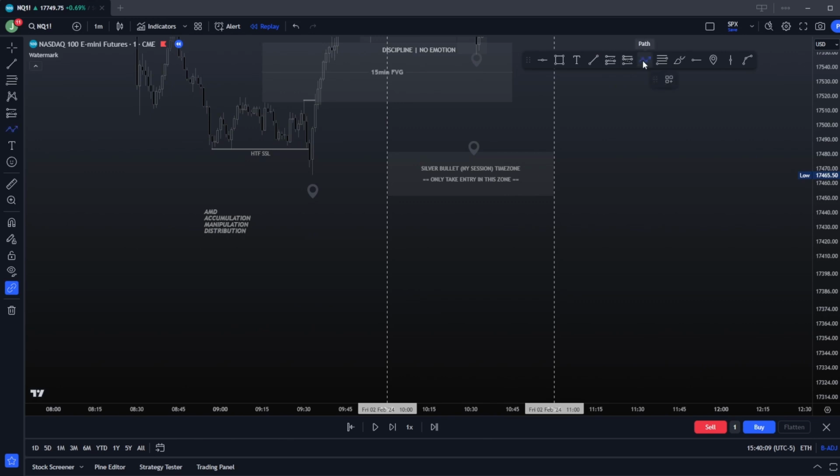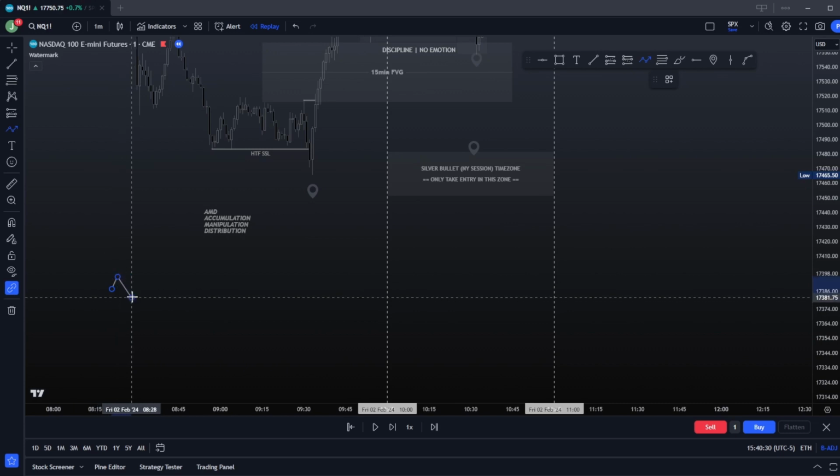The whole thing about the silver bullet is an expansionary move. You are playing on the distribution stage. Remember, we have 3 stages in this.